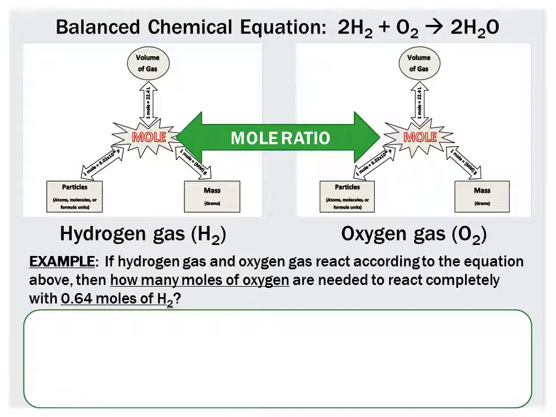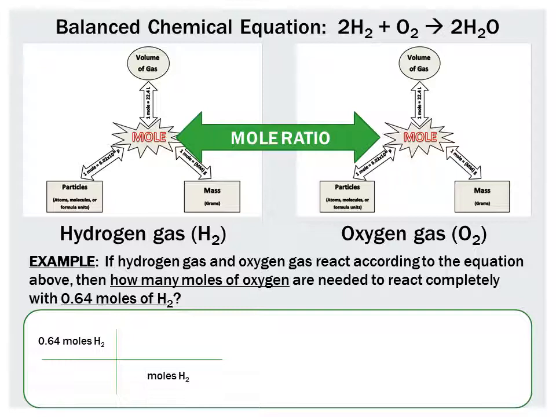I just set up a dimensional analysis with what I'm starting with. I'm starting with 0.64 moles of hydrogen. By reflex you put that down in the bottom right, because what you have has to go down here. What I want is moles of oxygen.